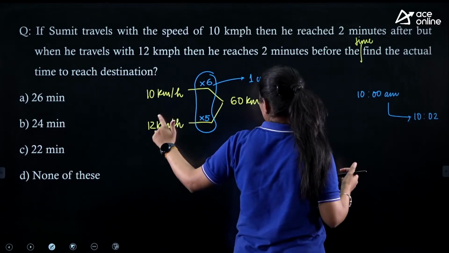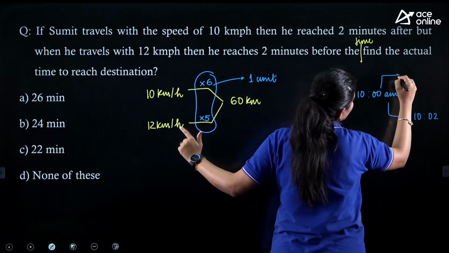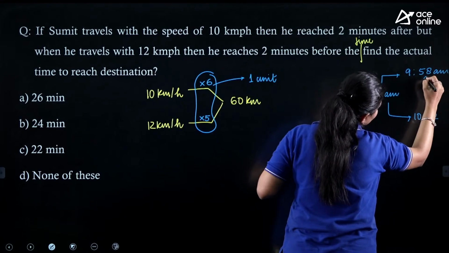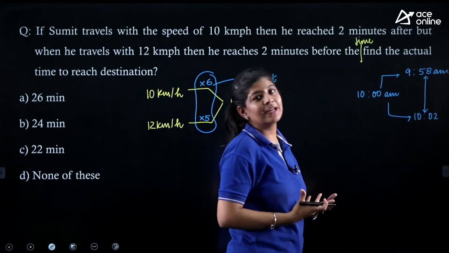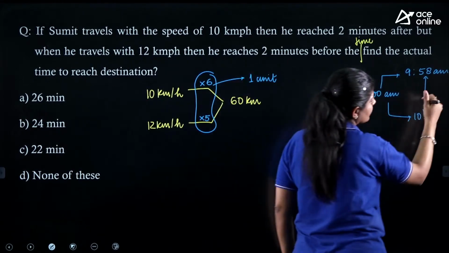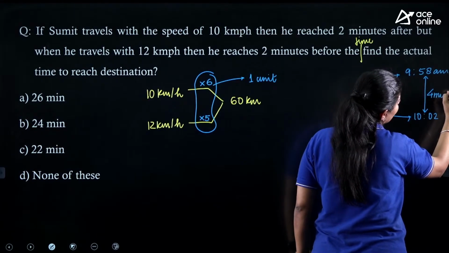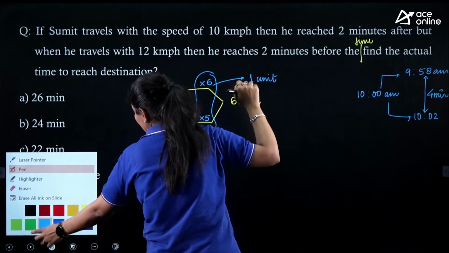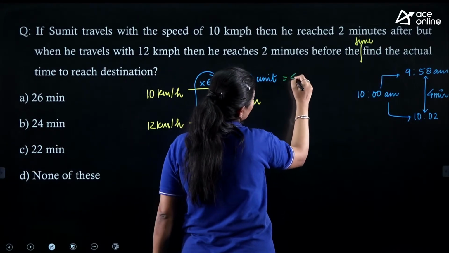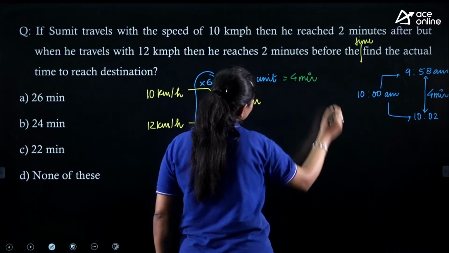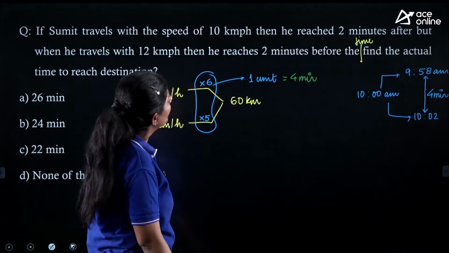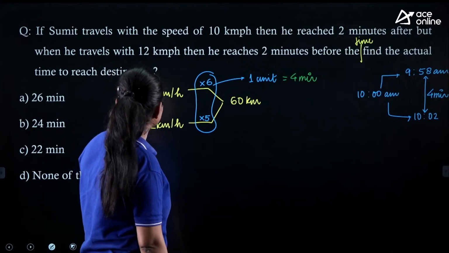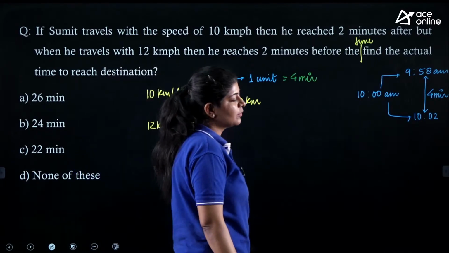And if he moves at 12 kilometers per hour, he reaches by 9:58 AM. That means the difference in time period is 4 minutes. So the value of this 1 unit is 4 minutes. Now we just need to find the actual time to reach the destination. So how are we going to calculate it?